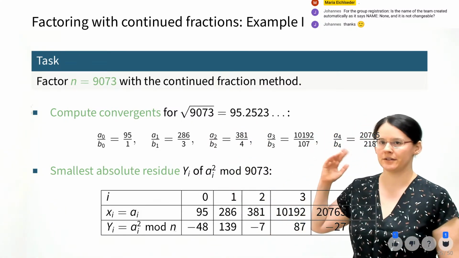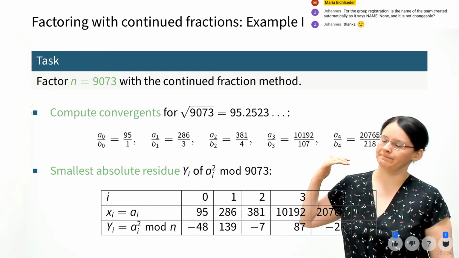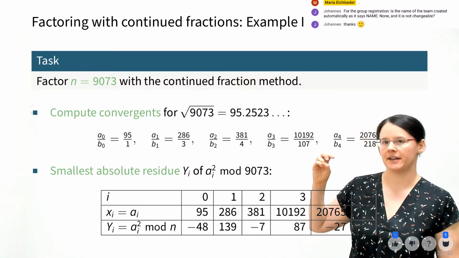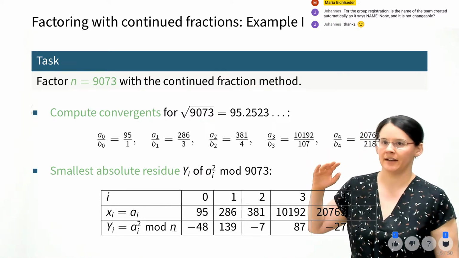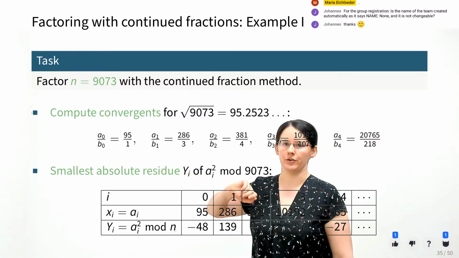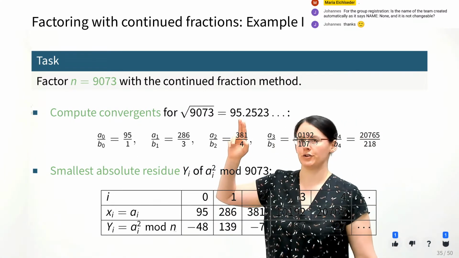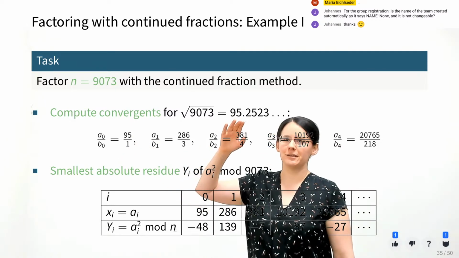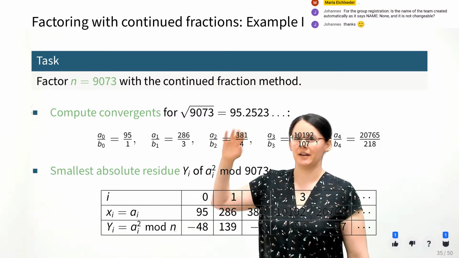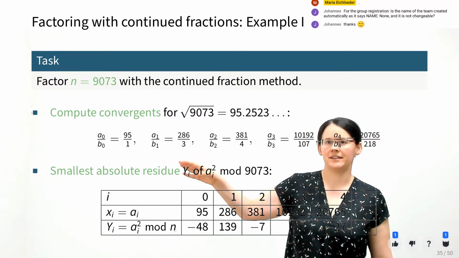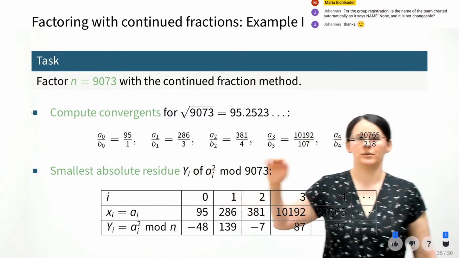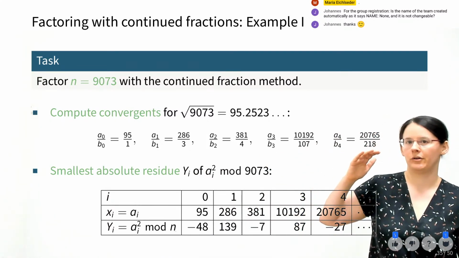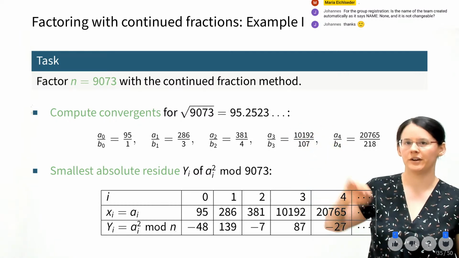And if I use either good floating point arithmetic or the easier algorithm that I linked on the previous slide, then I can find the following first few convergents that approximate this number. The first one is quite obvious, it's simply 95 divided by 1. Well, that's a reasonably good approximation. The next one is 286 divided by 3, and so on. And we see that very suddenly the numbers in the denominator actually become quite large and the numerator even larger.